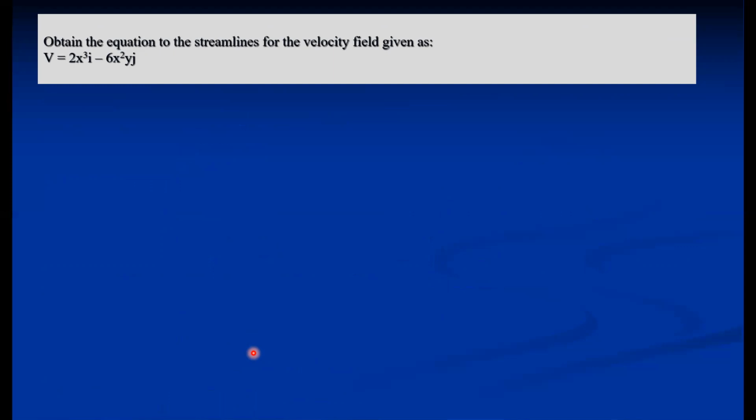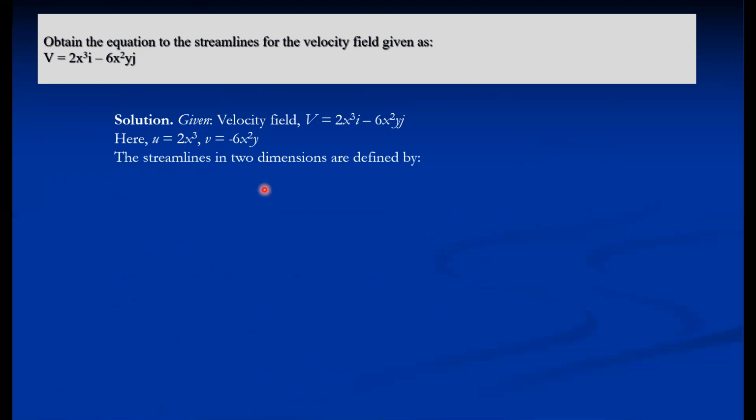Obtain the equation for streamlines for the velocity field 2x cube i hat minus 6x square y j hat. So the x component velocity is 2x cube, and the y component velocity is minus 6x square y. According to the streamline in two-dimensional flow, dx upon u equals dy upon v. Now put the values of u and v, not w in this case.